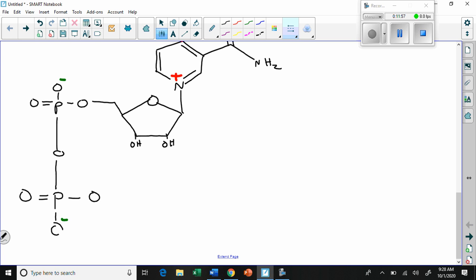And then this is the O, good. And so then this O is attached to another ribose sugar, which has OHs on the bottom there. And this one is attached to another nucleotide base. But the nucleotide in this case is one we're familiar with.